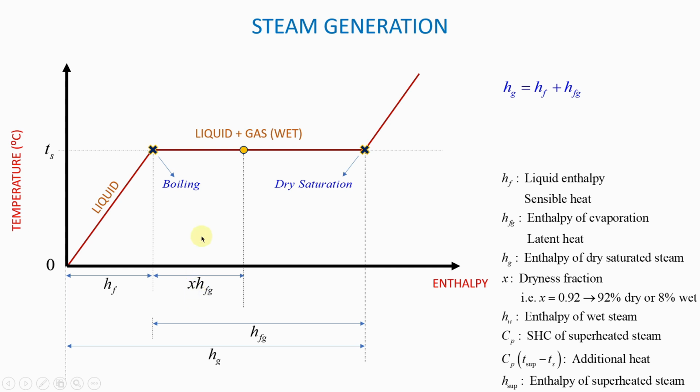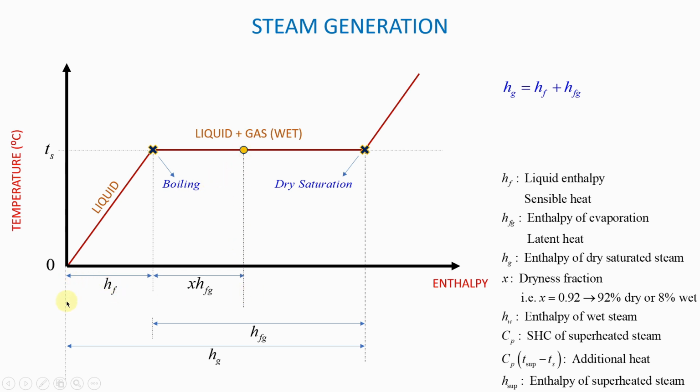Okay, so now if we want to know the heat that we need to take the water from 0 to this place here where it is wet, that heat will be Hf plus x Hfg. As you can see, this x Hfg is the heat that you need to add beyond boiling point for you to reach this point here where it is wet.